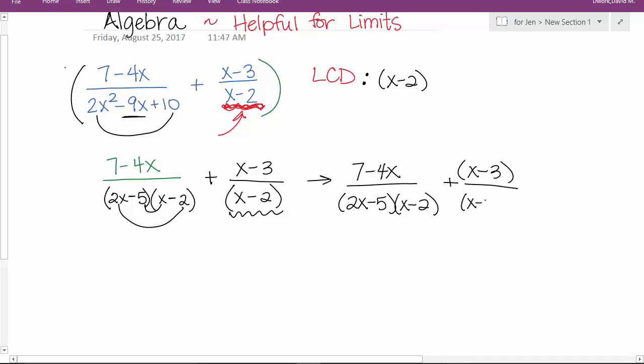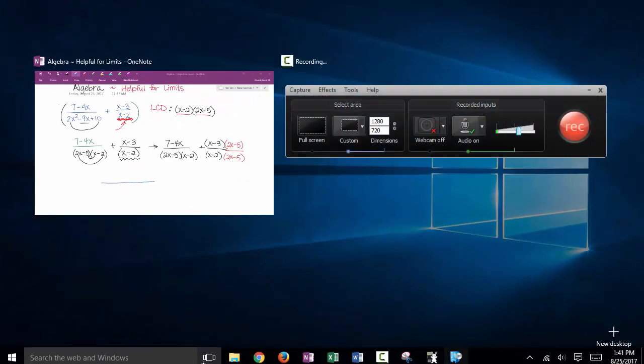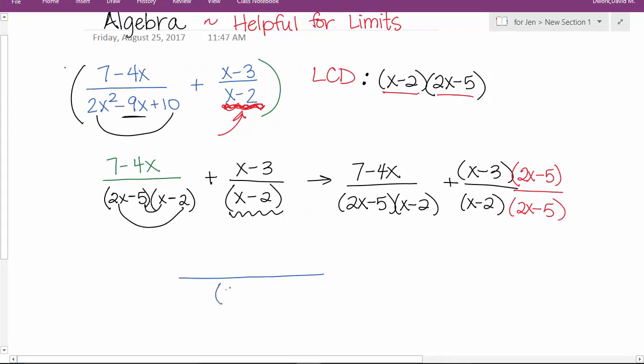I think my LCD is x minus 2 times the quantity 2x minus 5. I need both of these factors in each denominator, so I'm going to multiply this by 2x minus 5 over 2x minus 5. Now I do have common denominators, so this whole thing will become one big fraction over that common denominator.